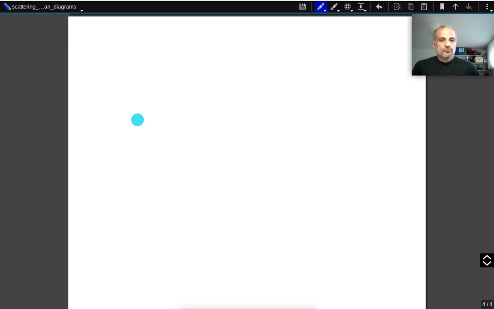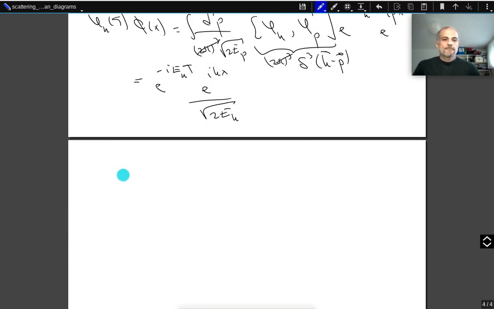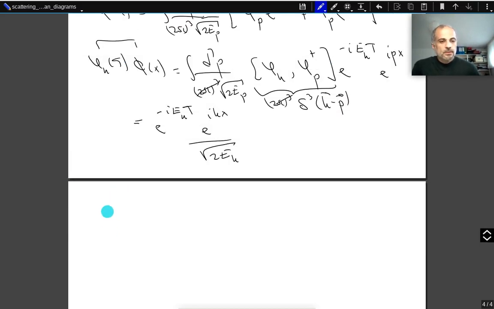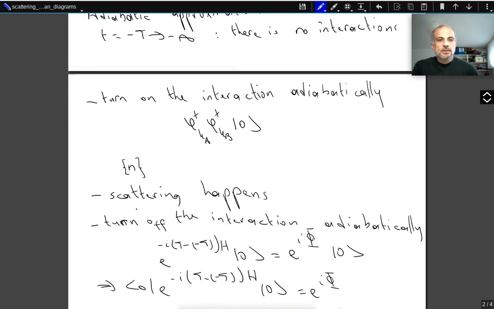And so let's write down the T matrix element. Well, let me just copy our expression.